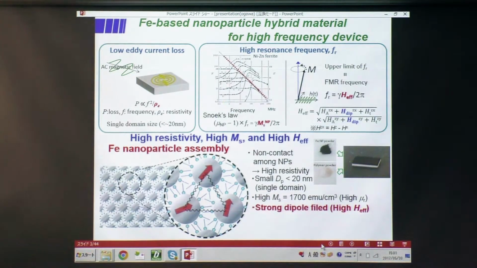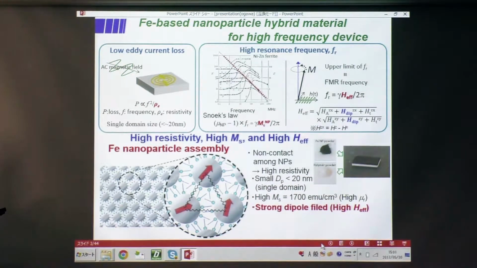And for high frequency resonance, a high effective field is needed, which is directly connected to the magnetic resonance frequency fr. And we have to consider Snoek's limit, like this equation.